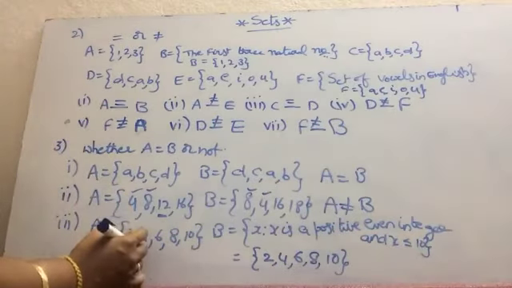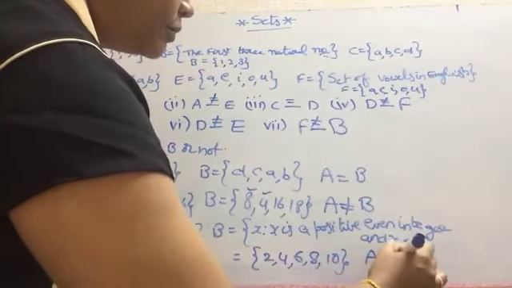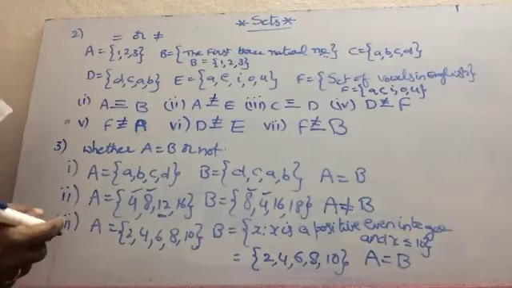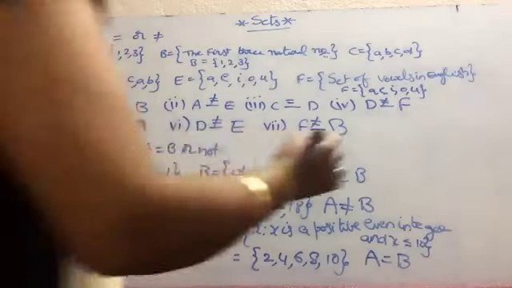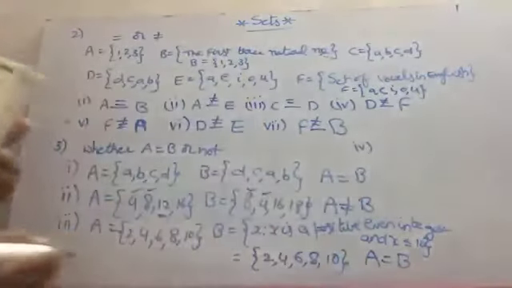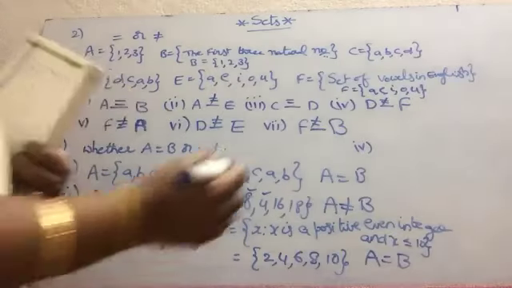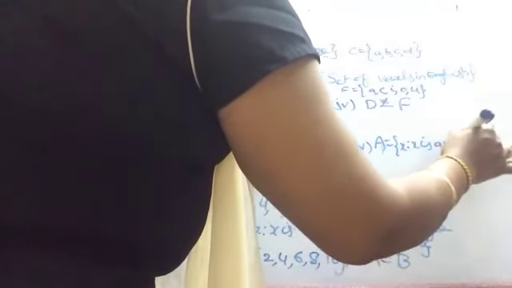So here both sets are equal. Then A equal to B. And the next, fourth one. A equal to {x such that x is a multiple of 10}.